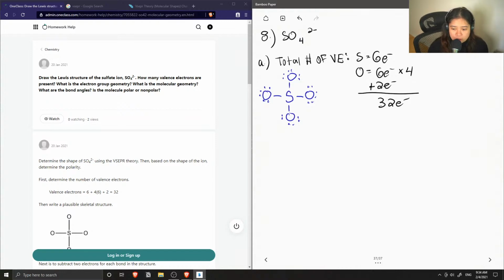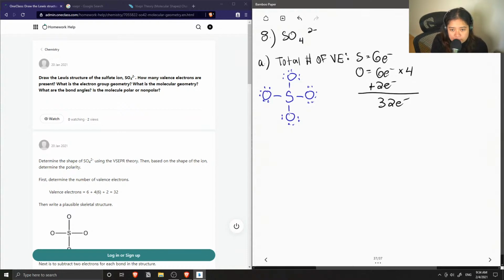And we want our overall charge of the ion to be -2. But if we were to bring a pair of electrons down on 2 of the oxygens to form a double bond, then the overall charge of our ion would be -2. Okay. So now our Lewis structure looks like this.